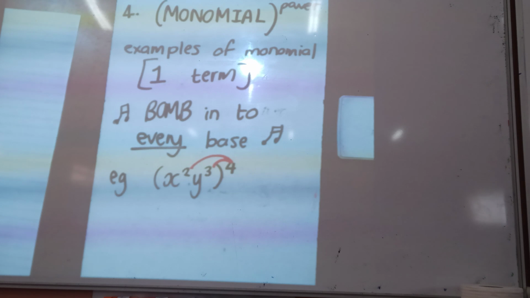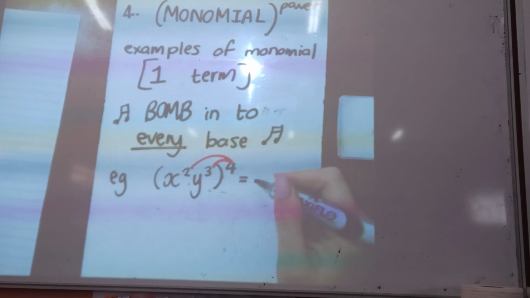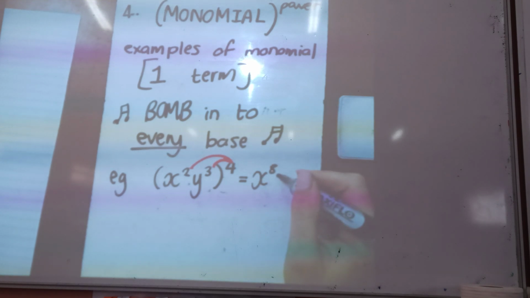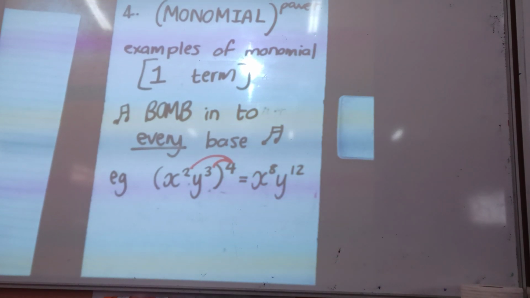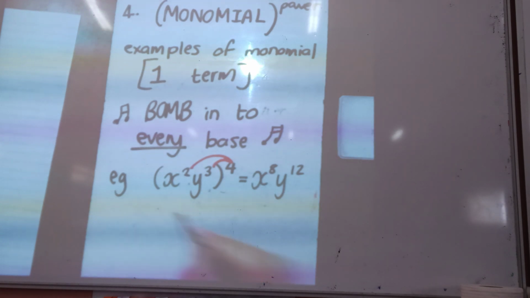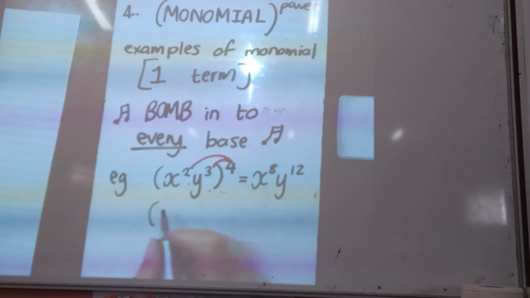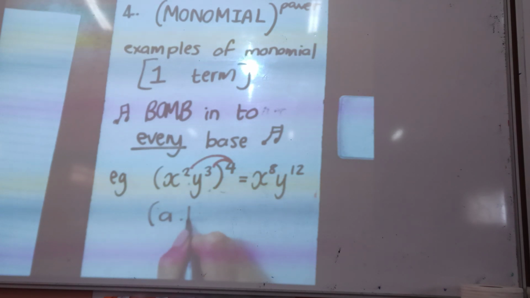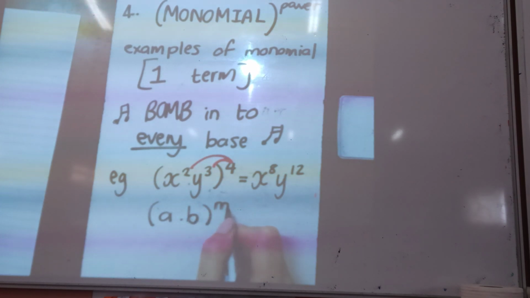What do I do? Times. Power to power times. Very good. So what is my answer? x to the 8, y to the 12. Thank you. I multiply because it's power to power, so I must multiply. Using the rule for number 3, right? So it's actually not even a new rule. Another example I want to show you is what happens if I had ab to the power of m.